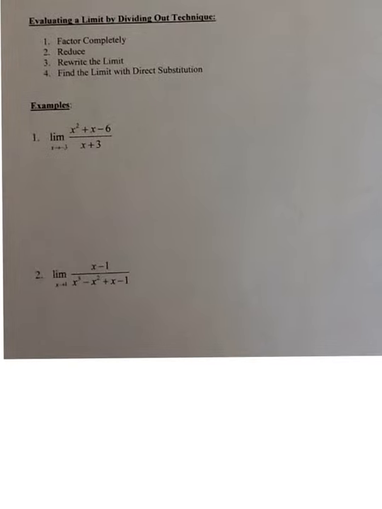Okay, so I notice here that I have x squared plus x minus 6 over x plus 3. The numerator can be factored. So the numerator factors and becomes x plus 3 times x minus 2, and that's over x plus 3.